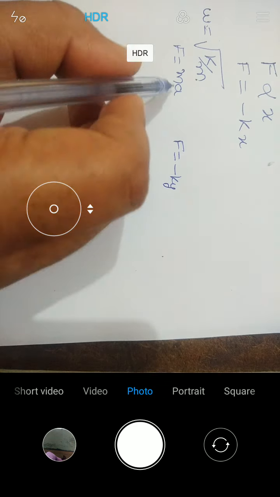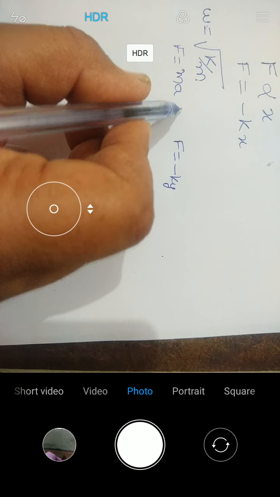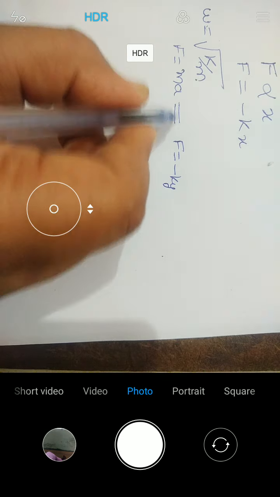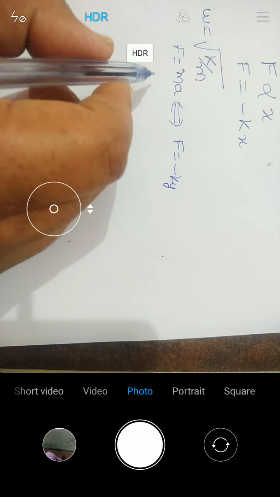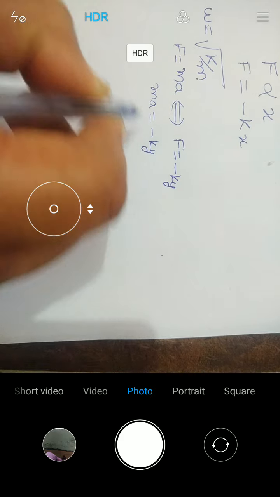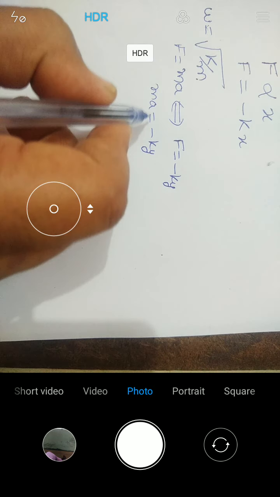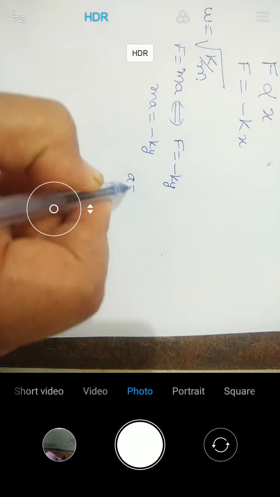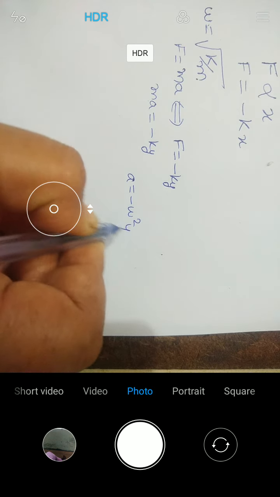Both forces are equal, so I will write ma is equal to minus ky, where a is the acceleration, and a is equal to minus omega square y.